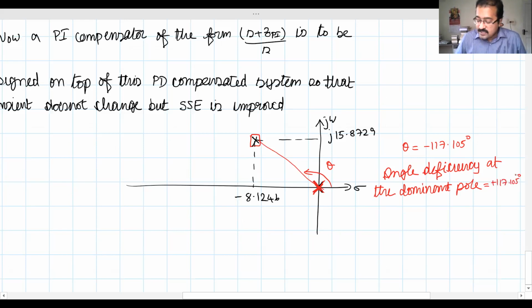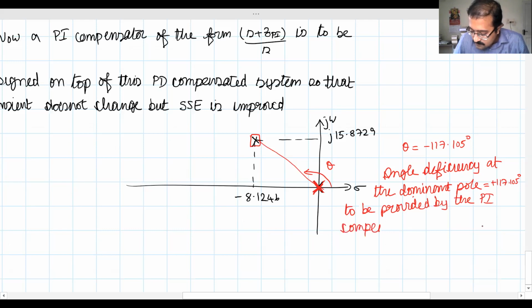And this has to be provided by the PI compensator 0 at ZC. Keep in mind, ZC is the absolute value. Strictly speaking, it should be minus ZC. So now let us draw this figure once again.